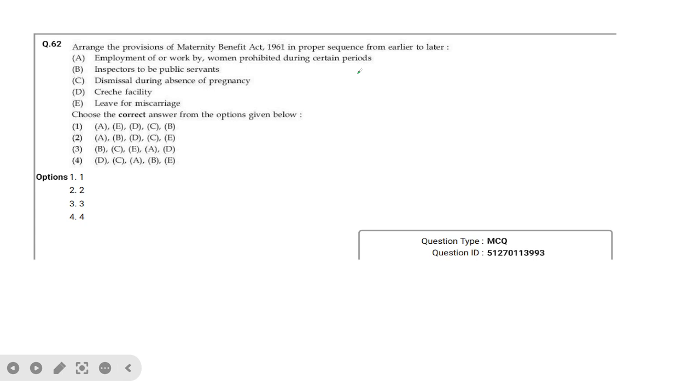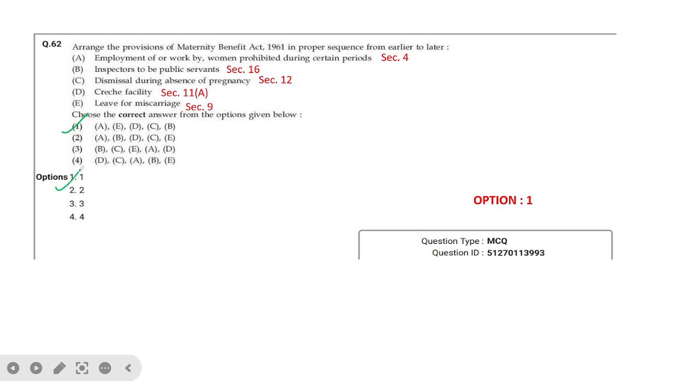Question number 62 is: arrange the provisions of the Maternity Benefit Act 1961 in proper sequence from earliest to latest. So when you arrange the sections, the answer will be option 1.